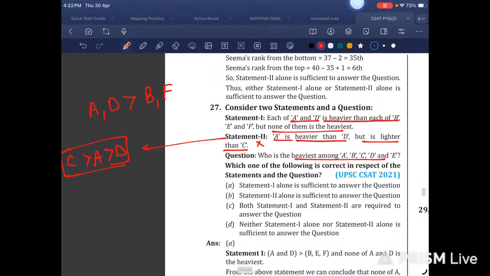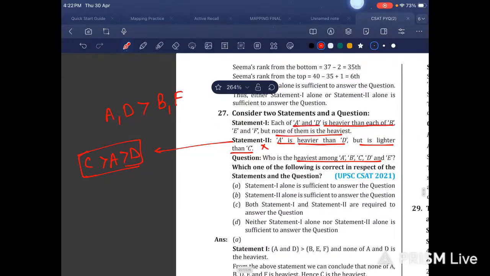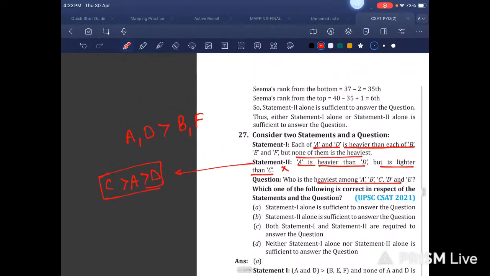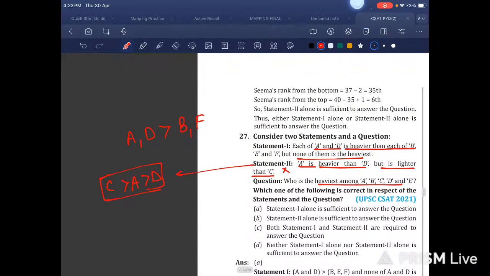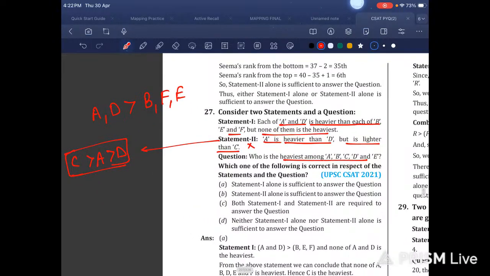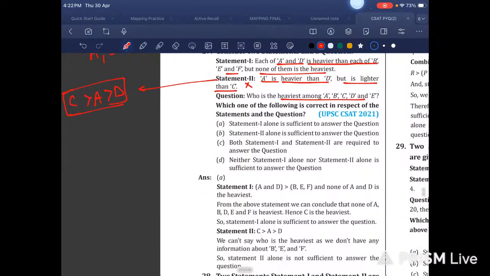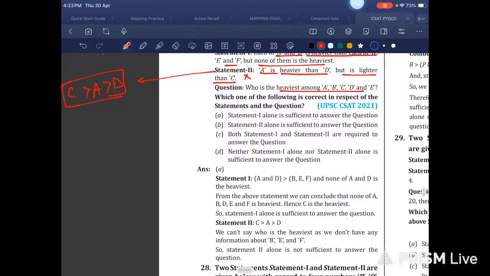A is heavier than D. Each of A and D is heavier than each of B, E, F. Who is the heaviest? I don't think even if we combine these two statements we would be able to reach our conclusion. But why have they given this option here?